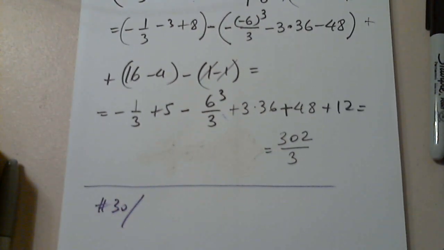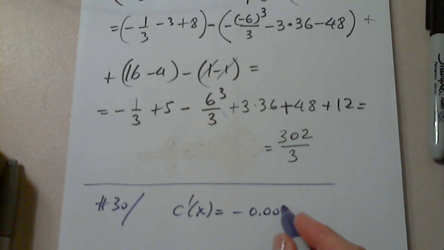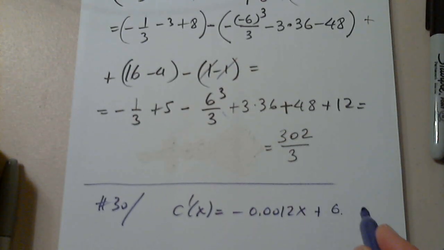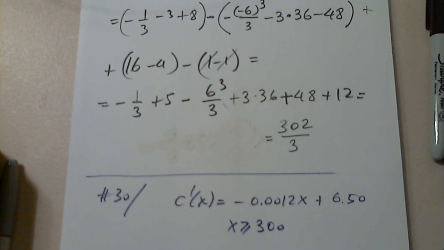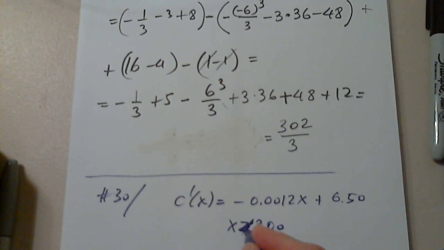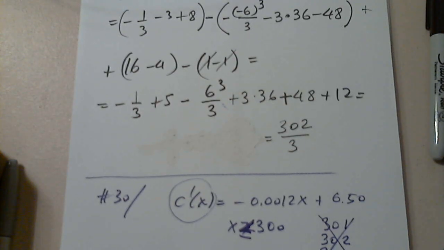The function is c prime of x equals negative 0.012x plus 6.50, for x less than or equal to 300. In other words, this function is not valid for 301, for 302, for 303. That's all it says. So x has to be a number between 0 and 300. This function is not valid for more than 300.